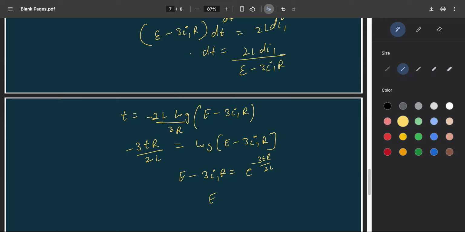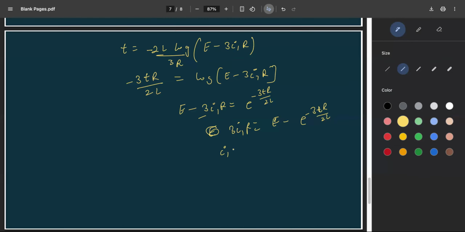So from here, you can make it like 3I1R is equals to E minus E e to the power minus 3tR by 2L. This is what you are going to do. So you got the final equation as I1 is equals to 1 by 3R times E minus. This is the equation you are getting. Clear?